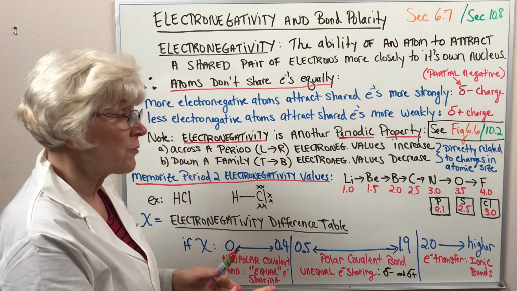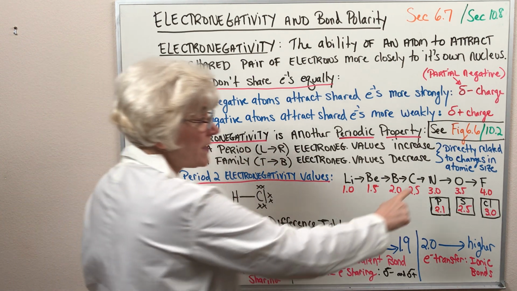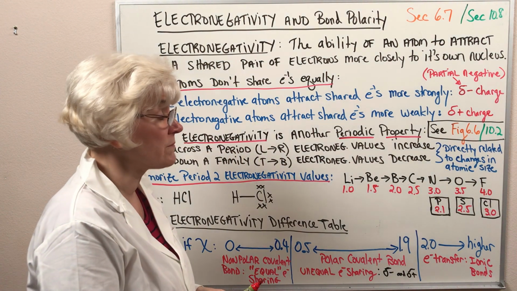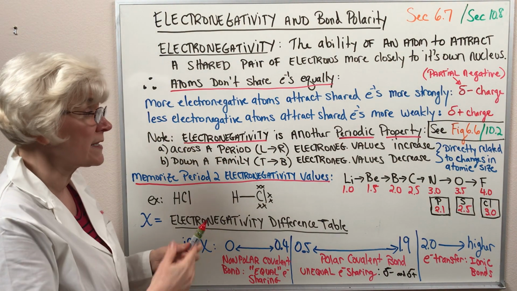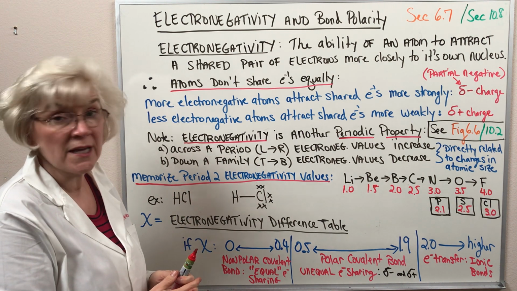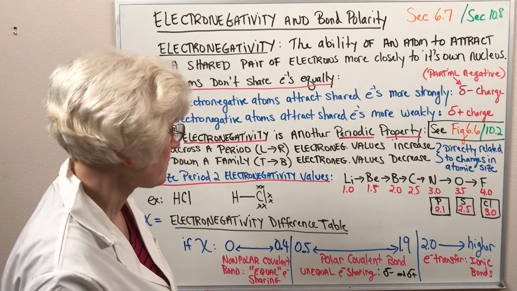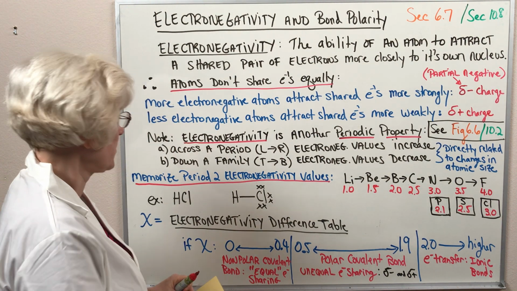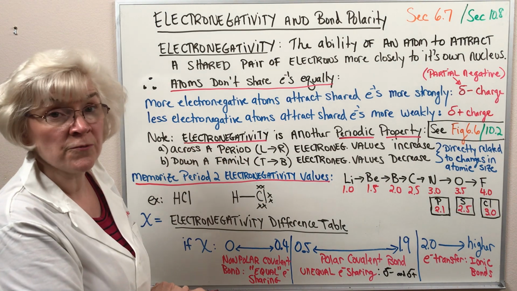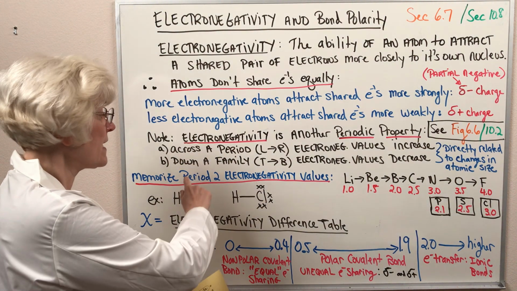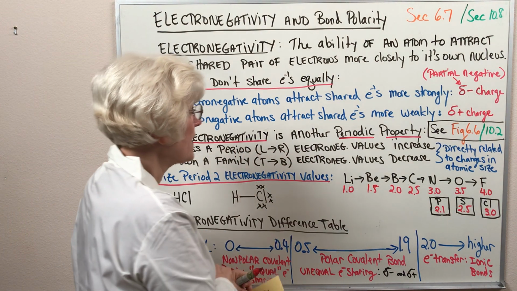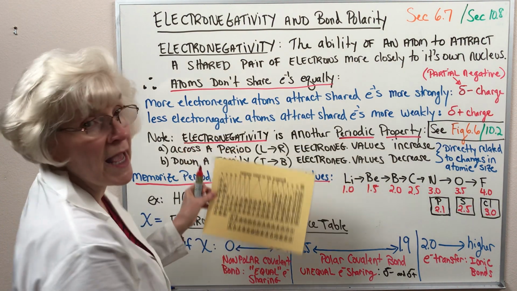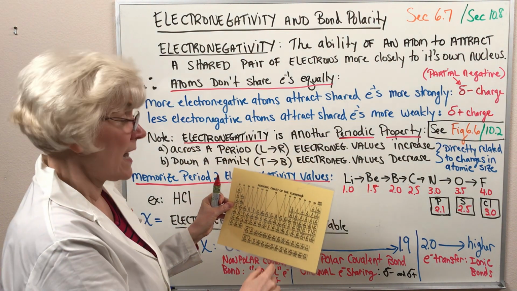It's going to be very important for you to look at either figure 6.6 in the 2A text or figure 10.2 in the Chem 22 text to understand what this periodic property looks like. You can immediately see numerical values of electronegativity indicating that as you move across a period left to right, electronegativity values increase.